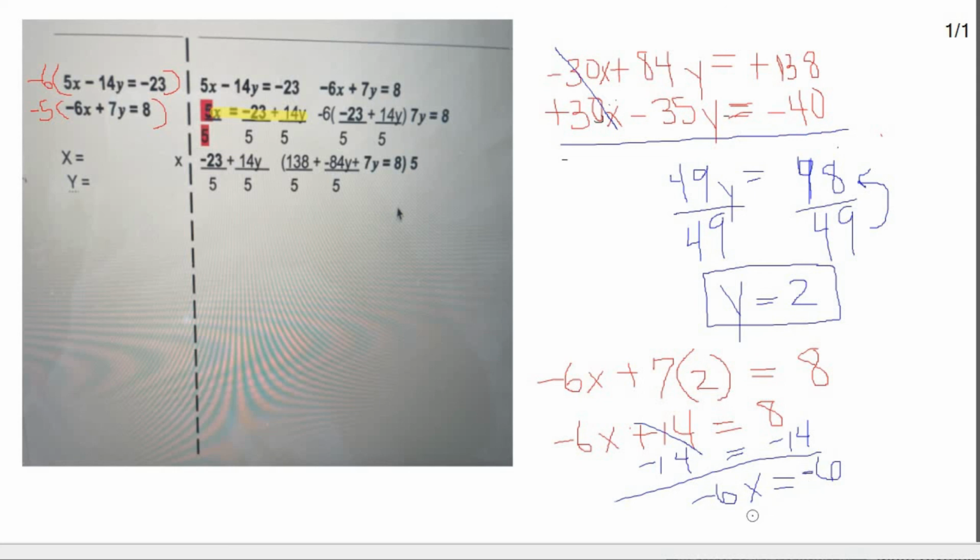So then, when we divide by our negative 6 on both sides, that gives us x equals 1. So our x equals 1 because a negative 6 and a negative 6 gives us a positive 1. So now we have the values for both y and x.